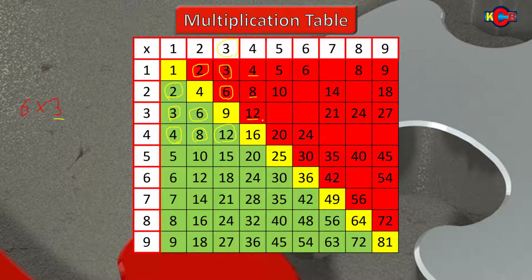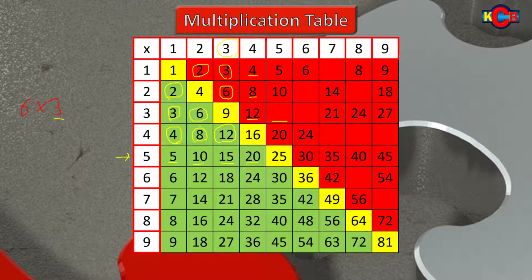Let me help you by filling in one box here. So, look for the pattern. For the pattern here, we look horizontally. From here, we have 5, 10, 15, 20.